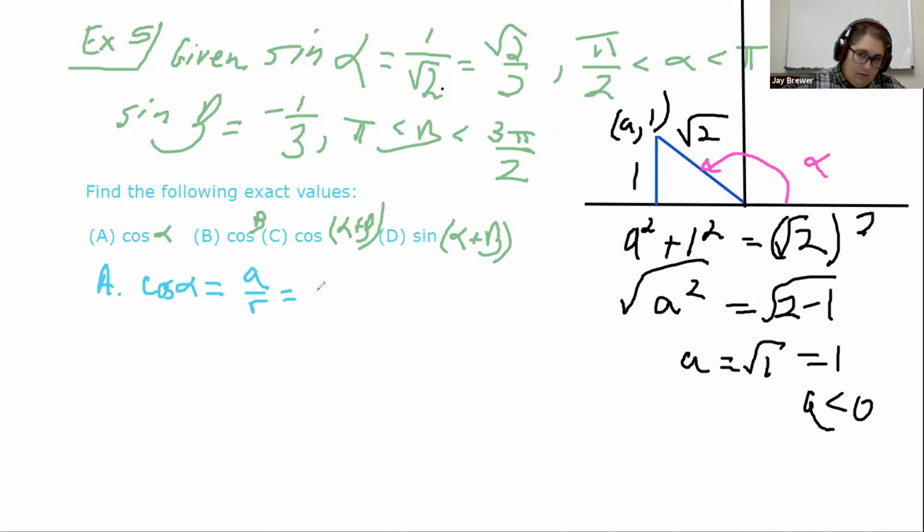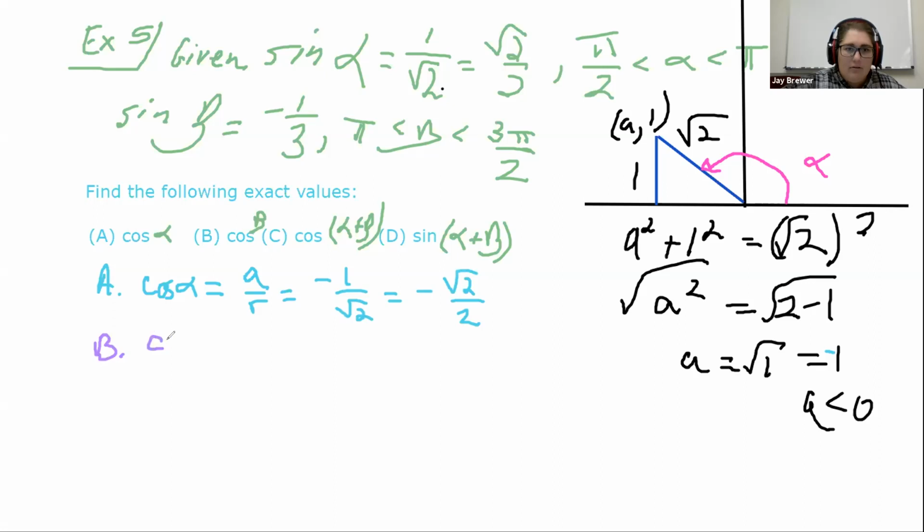Oh, my apologies. What do we know about A? It should be a -1, right? So -1 over radical 2 will give us a negative radical 2 over 2. Okay, so that is the answer for A.